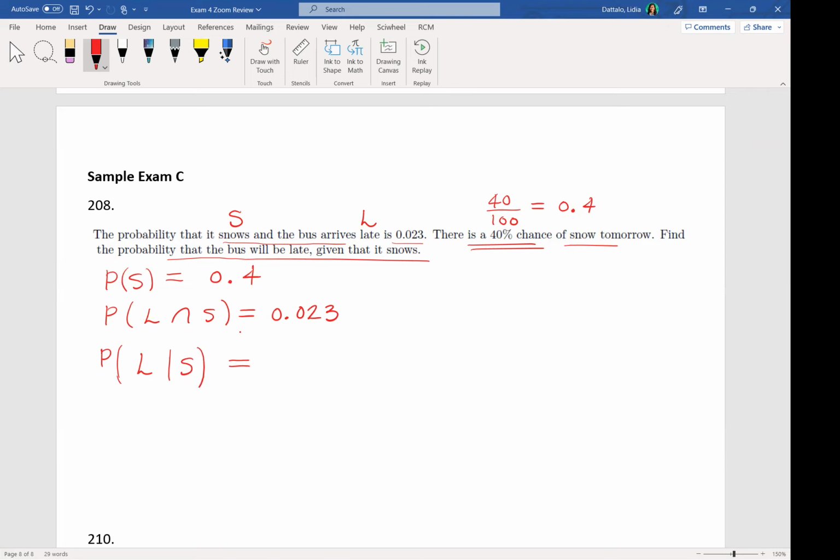And the formula for this is going to be the probability of L and S divided by, this is the denominator, the probability that it will snow. And we are given this information, so it's simply just put those numbers in there. The intersection is 0.023 divided by the probability that it snows, 0.4, giving us a result of 0.0575.